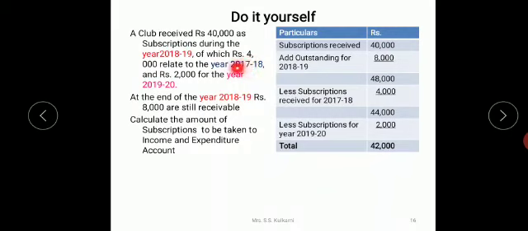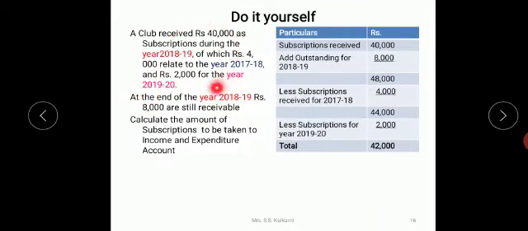Yes, there is a print mistake: not 40,000, 4,000 relate to the last year, that is 17-18, and rupees 2,000 for the next year 19-20. So now the years are specified. Current year is 18-19, previous year is 17-18, and next year is 19-20.